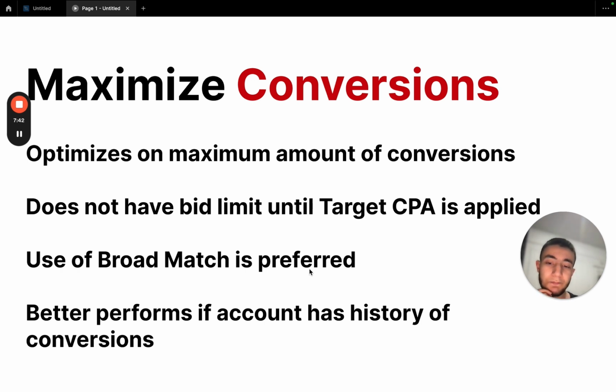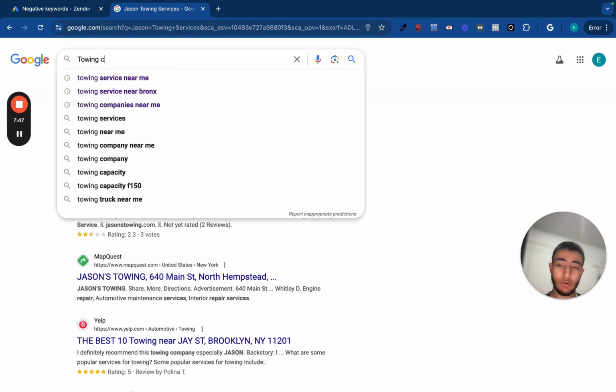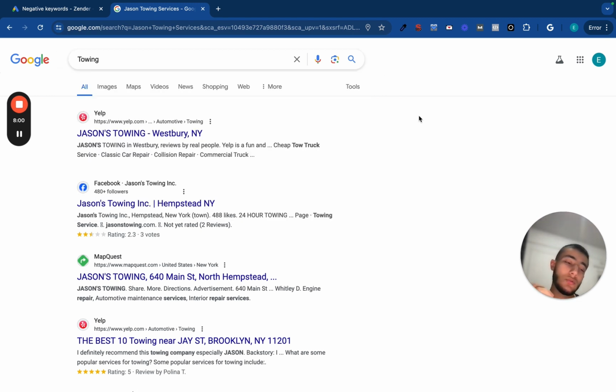The reason is somebody can search just "towing" instead of "towing services" or "towing company" and still convert. So how does Google Ads AI know where to target or who to target? They use client signals. For example, if a person is interested in the services, maybe he or she read blogs about this or converted on another website.